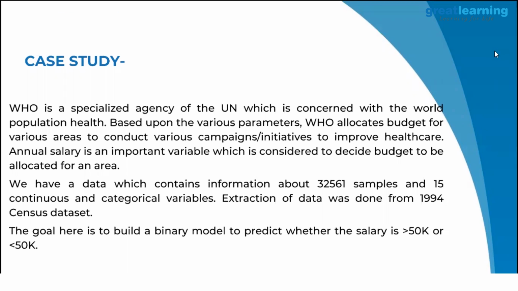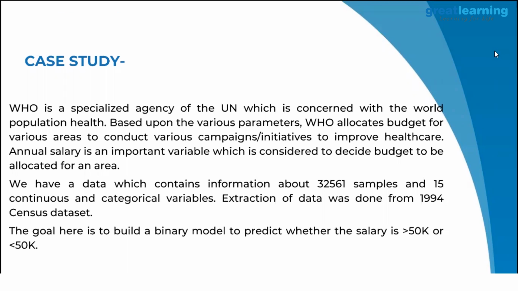We have data which contains information about 32,561 samples and 50 continuous and categorical variables. Extraction of data was done from the 1994 census dataset. The goal here is to build a binary model to predict whether the salary is greater than 50,000 or less than 50,000. So our dependent variable is greater than 50,000, 1, or less than 50,000, 0.